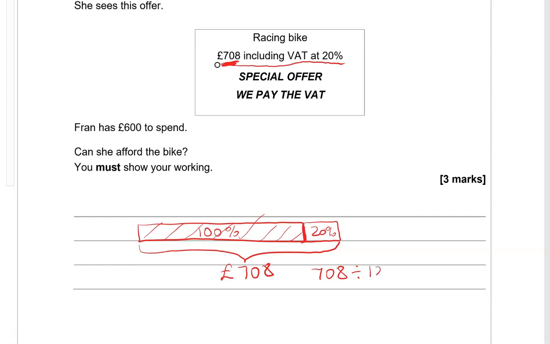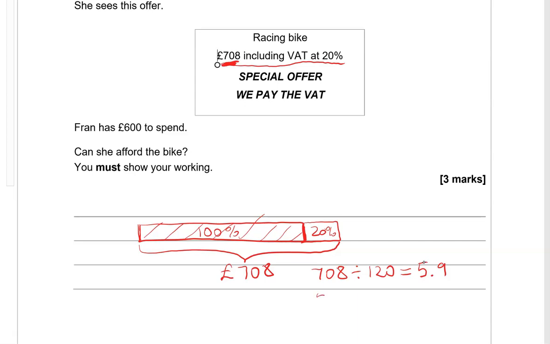So dividing that by 120 gives us 5.9. So a tiny 1% amount is equal to 5.9. What we want to do is work out 100%. So we're going to multiply this by 100.